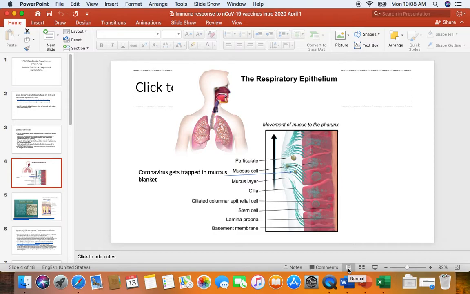The mucociliary escalator is a combination of ciliated cells, and we're going to focus on the upper respiratory tract, for example, the trachea. Within the trachea, we have these beautiful ciliated cells, and the cilia are these hair-like extensions, and they beat together. And they beat so that they can move, it's hard to see here, this mucus blanket.